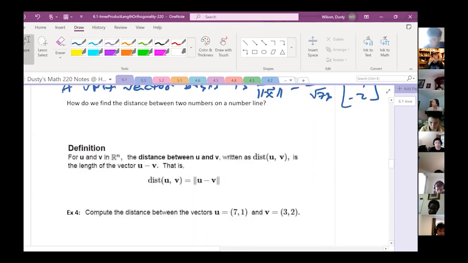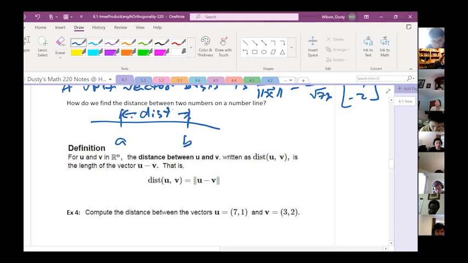So how do we find the distance between two numbers on a line? If you have a number line and you're going from A to B and you want to find the distance, you could say that distance is equal to B minus A, or maybe that's too hard because you're like, how do I know which one's A and which one's B?